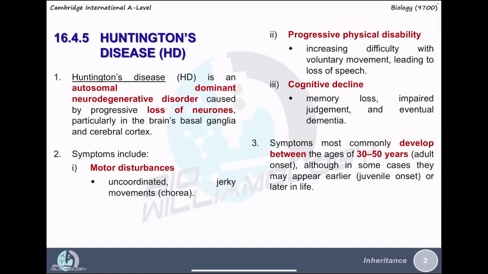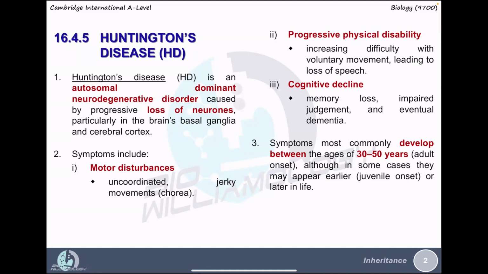Symptoms most commonly develop between the age of 30 to 50. Basically, this is an adult onset disorder, although in some cases they may appear early, which we call juvenile onset, or later in life. This is particularly important to take note of, because at 30 to 50 years, an individual may already have his or her family.